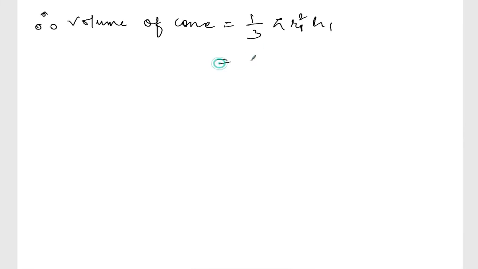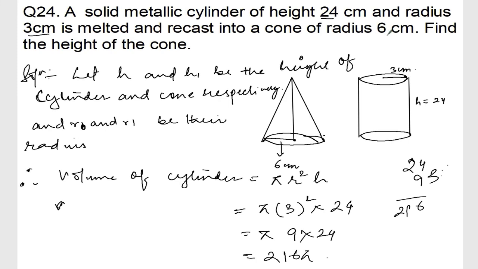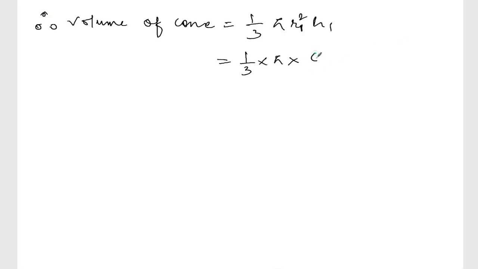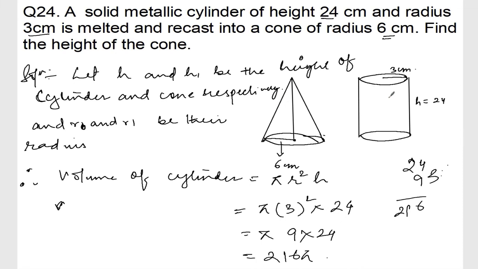Volume of cone is equal to 1 by 3 pi r square h, right? Here I am taking r1 as radius and h1 as height. So 1 by 3 into pi into radius. Radius of the cone is given to be 6 centimeter. So into 6 into 6 into h1. 3 sixes are 18, so 6 twos are 12. So this will be 12 pi h1. Now the idea is this one melted into this one. So these two will have same volume.